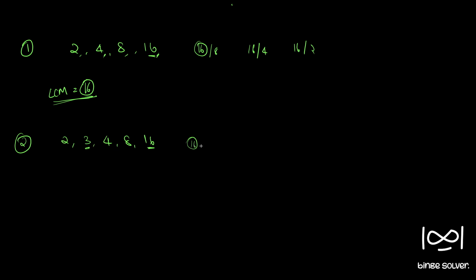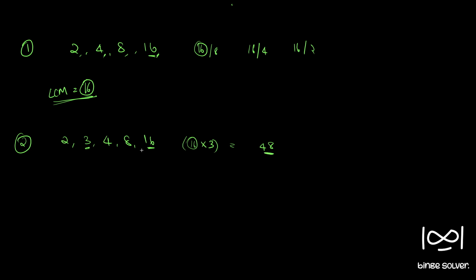If you take 16 into 3, all the numbers now divide this number. There cannot be a smaller number than 16 into 3 where each number divides it. So 16 into 3: 6 into 3 is 18, 1 into 3 is 3, so 48. So 48 is the smallest number that each number divides.